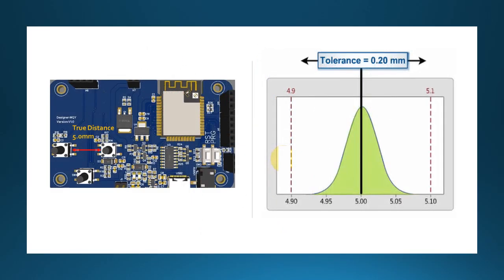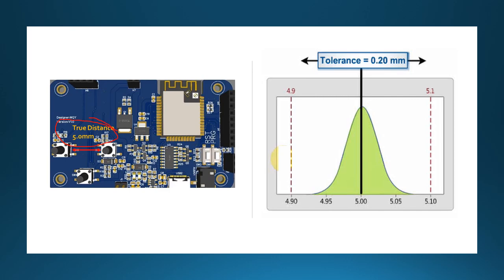So let's look more closely at the PCBA viewer measurement tool system and see if it meets the acceptable tolerance for PCBA Pro. Suppose the true distance between components on this circuit board is 5 mm.